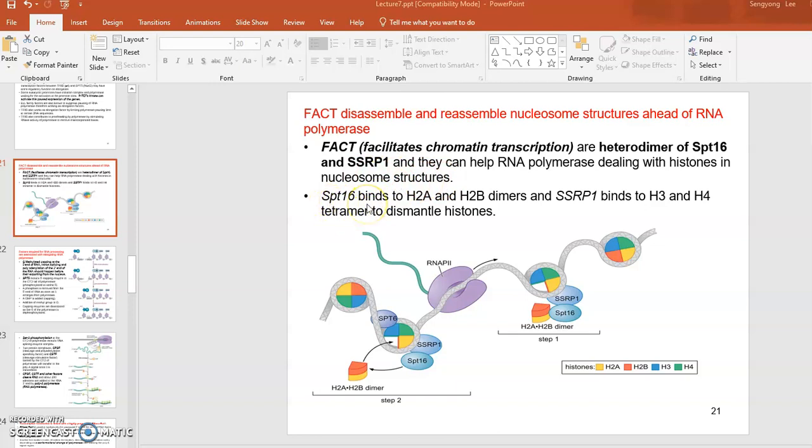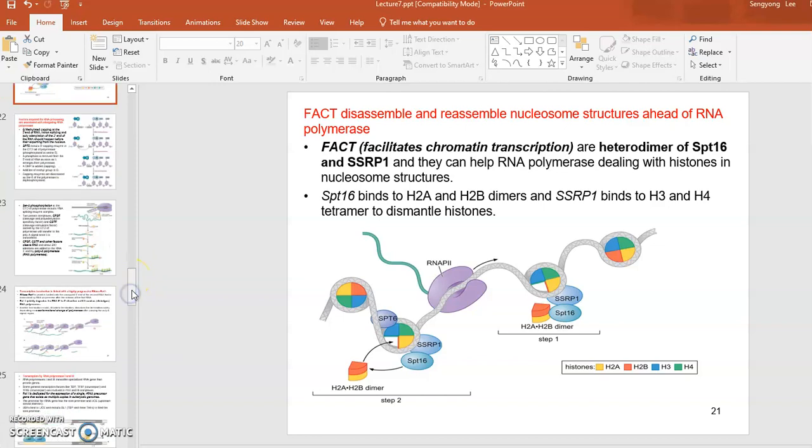So especially SPT16 binds to histone protein A and B dimers, and the other protein SSRP1 binds to histone protein 3 and 4 tetramer, so that they kind of dismantle the histone nucleosome structure, octamer structure. So by doing so, your RNA polymerase can continue its transcription. So these proteins work ahead of the RNA polymerase. So DNA structure can be opened up a little bit. So that's what it means.